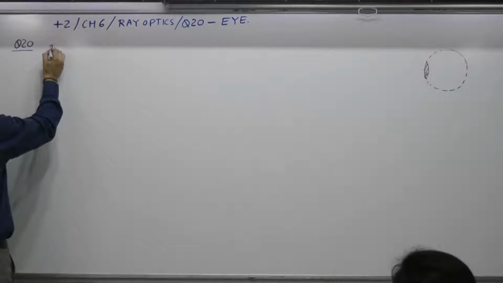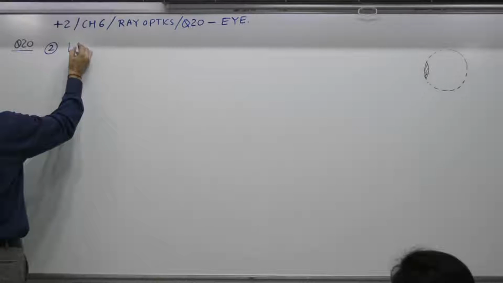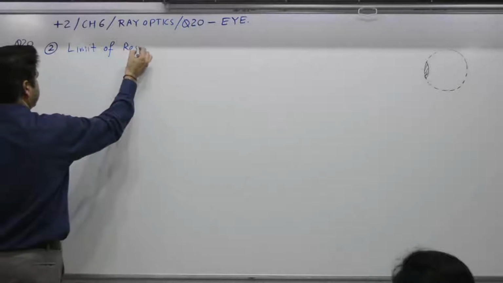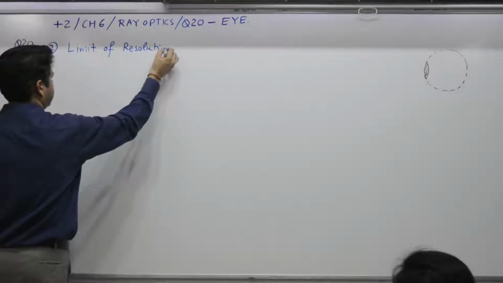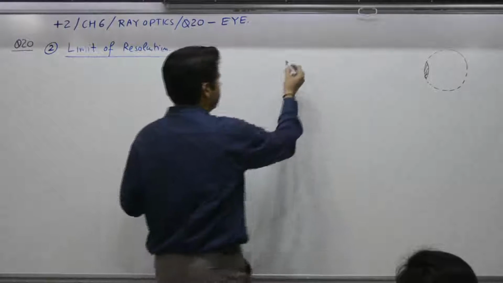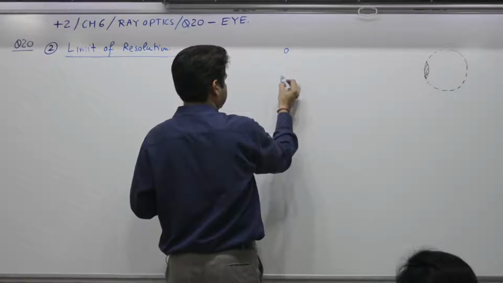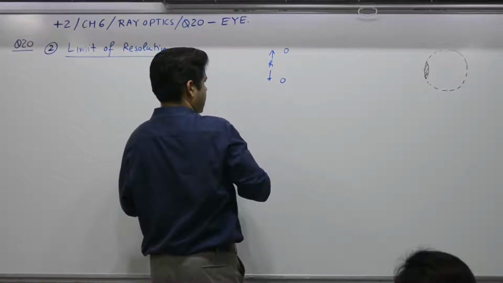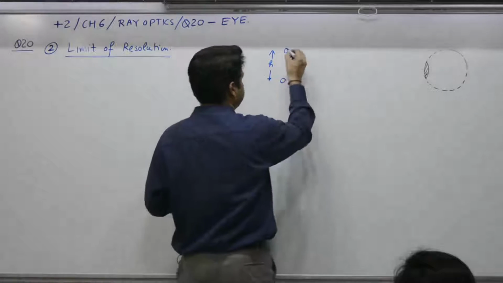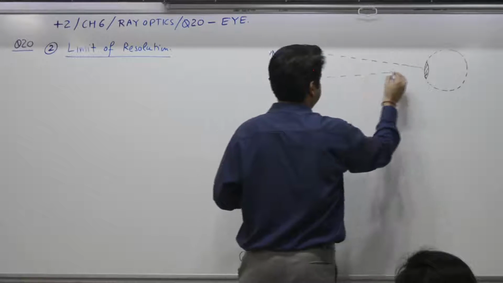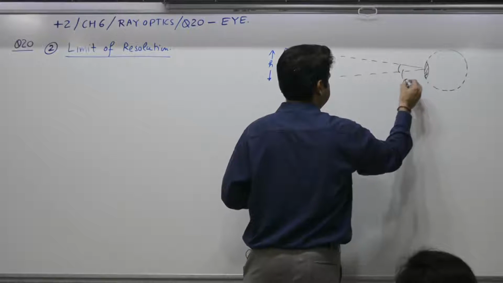Point number 2. Limit of resolution. If there are two objects separated by distance h, they will subtend an angle theta at the eye.